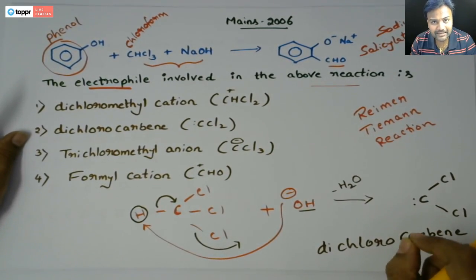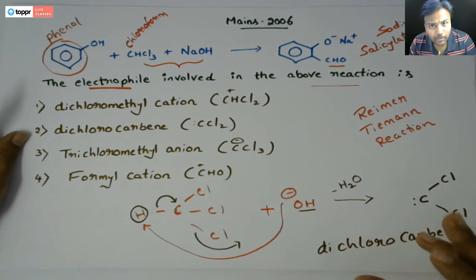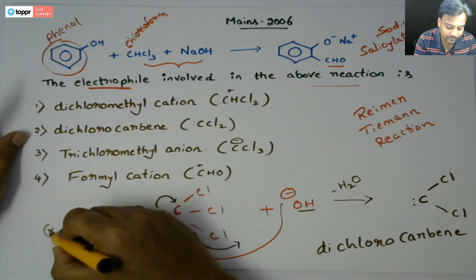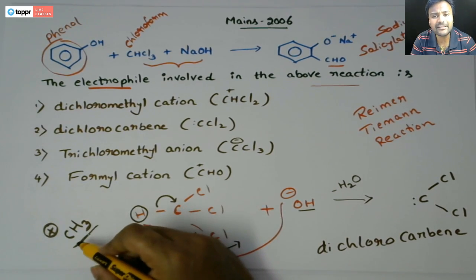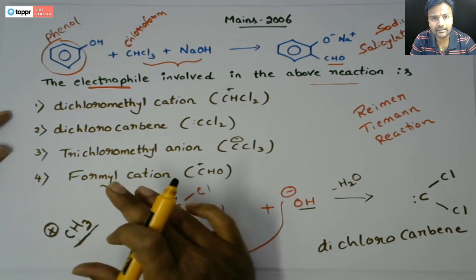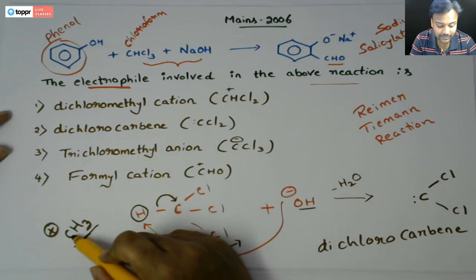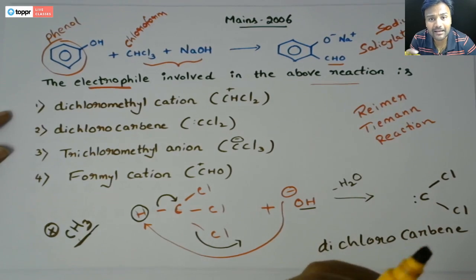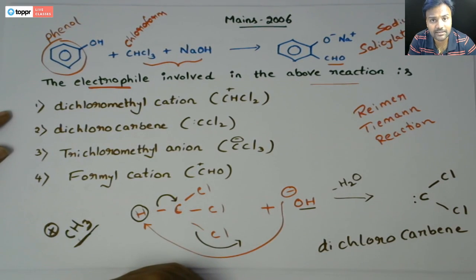See, electrophile means there should be the presence of positive charge. For example, CH3 plus. This is an electrophile. Why is this an electrophile? Because carbon is tetravalent, but here carbon is bonded to only 3 hydrogens. The 4th valence is missing, and that is the reason why it is gaining a positive charge.